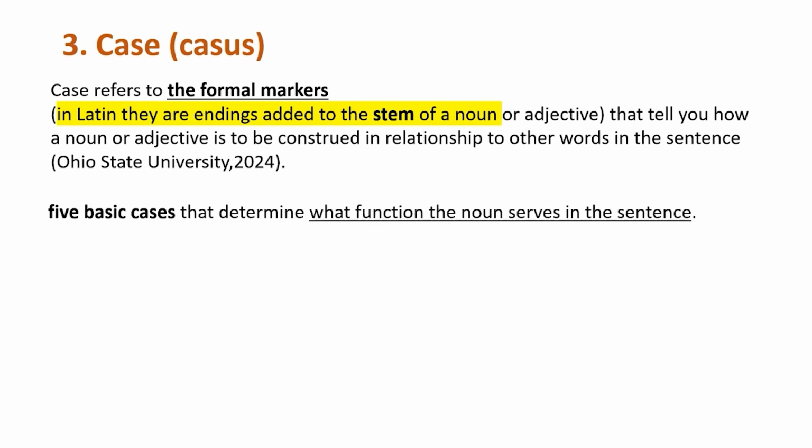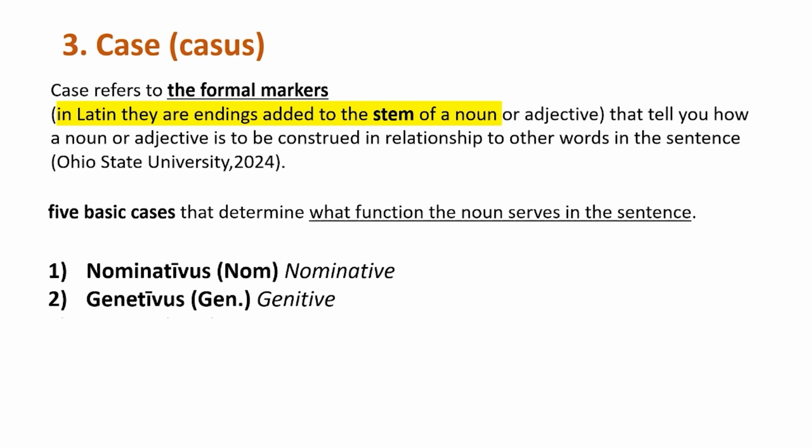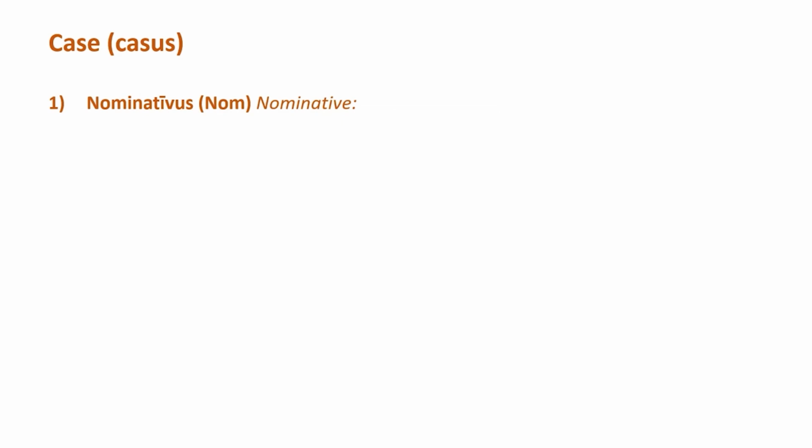There are five cases that determine what function the noun serves in the sentence. However, there are different classifications. In some books there are 6, in some books 7, but we are only concerned with the first two cases, that is nominativus or nominative, and genitivus or genitive. These are the two that we will focus on in this series.